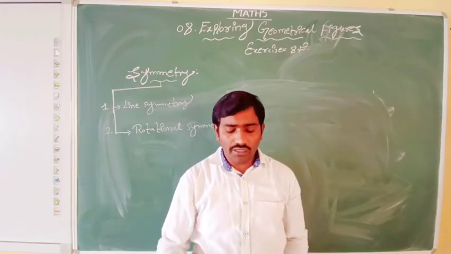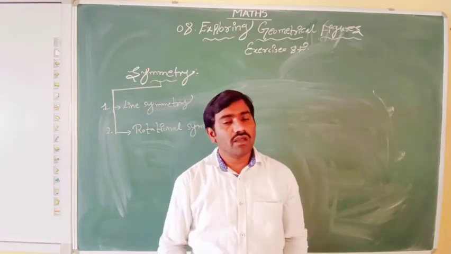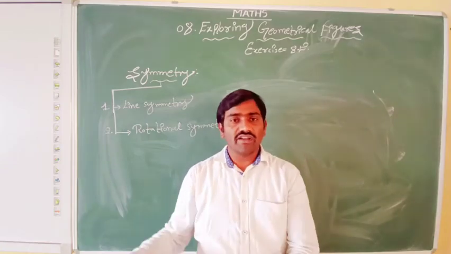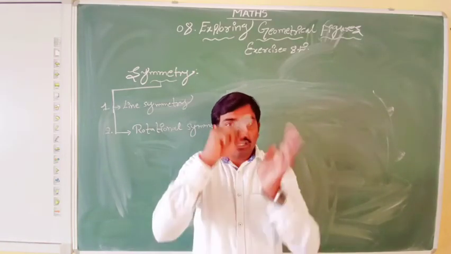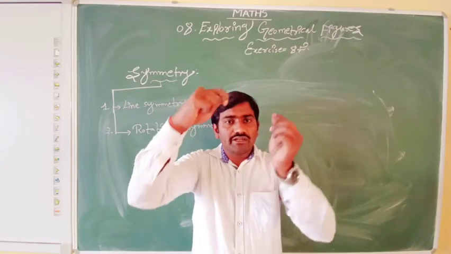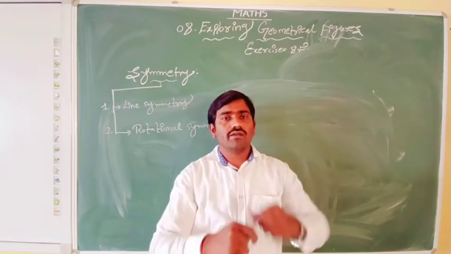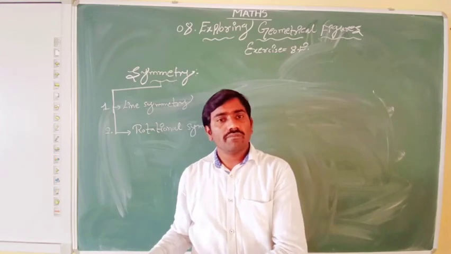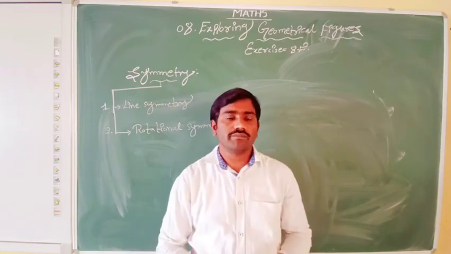So, here a chalk piece is a rotational symmetry. How can I say it is a rotational symmetry? And if I take a bench, imagine there is a bench in my hand, I am rotating it. So, a bench is also a rotational symmetry.